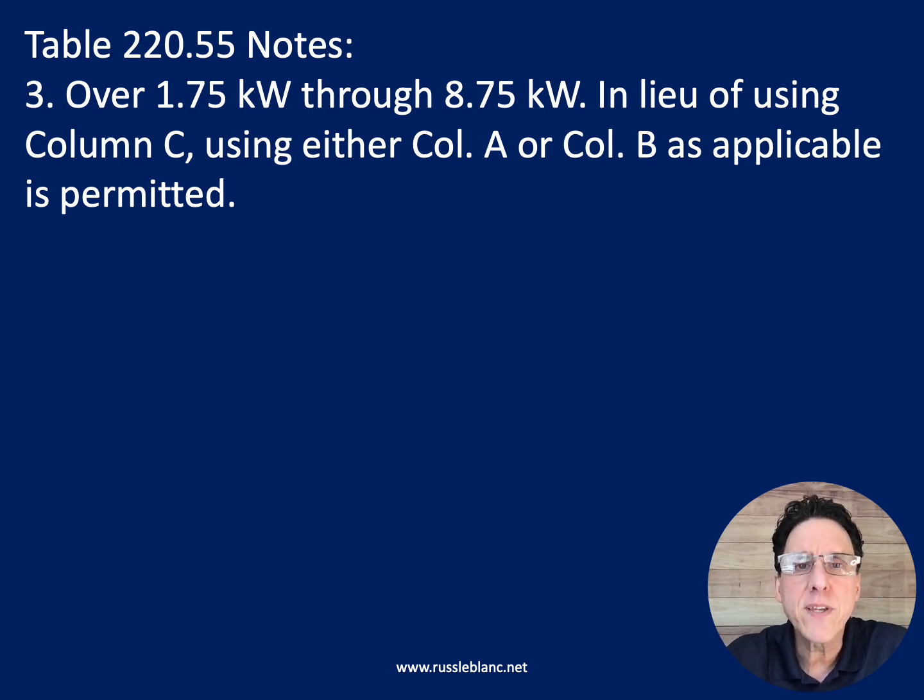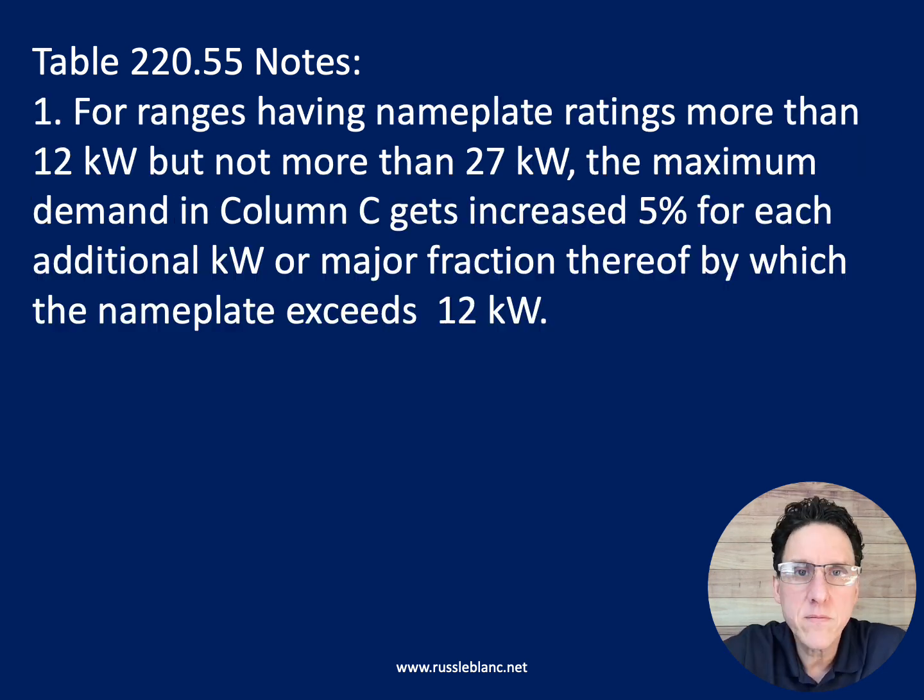Okay, now let's talk about these ranges where we might have to modify the values in column C. And that's note 1 to table 220.55. Let's take a look at that.